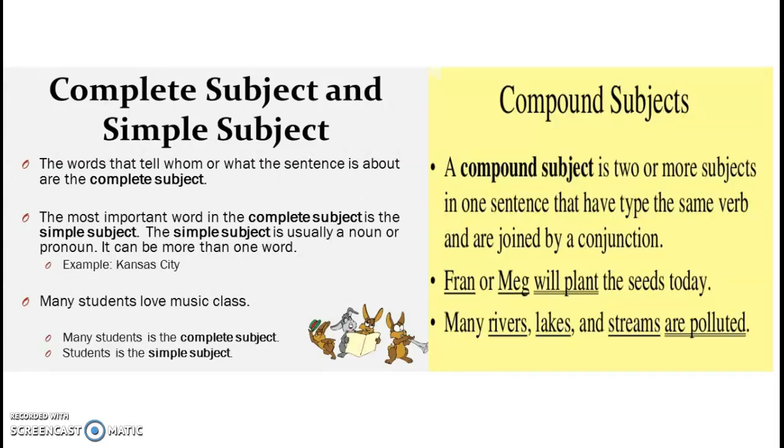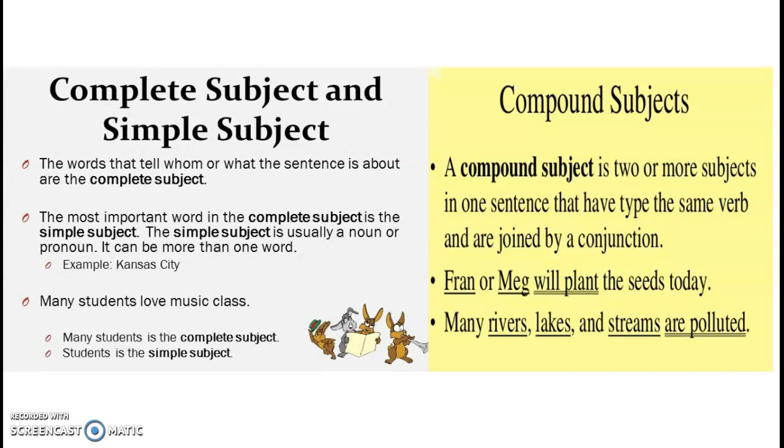And then we have compound subjects. It's two or more subjects in one sentence that have the same verb and are joined by a conjunction. Sometimes we have long sentences where we can find three, four, or five words, and we say, oh, what is the subject in the sentence?